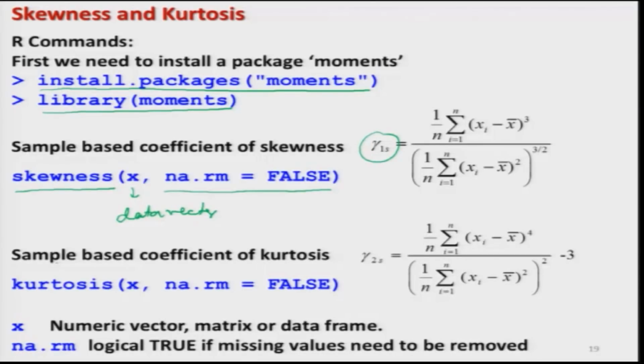And similarly, the sample based coefficient of kurtosis, which we have defined as gamma 2 s, will be computed by the command kurtosis, all in small letters, and inside the argument the same thing, the data vector x. If you do not have any missing value, then use na.rm is equal to false, and if there are missing values, then use na.rm is equal to true.